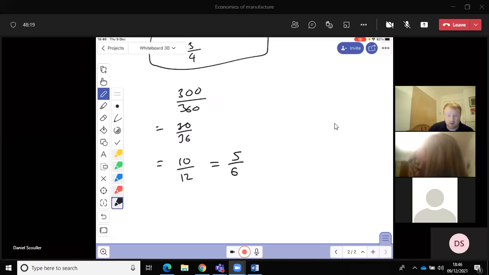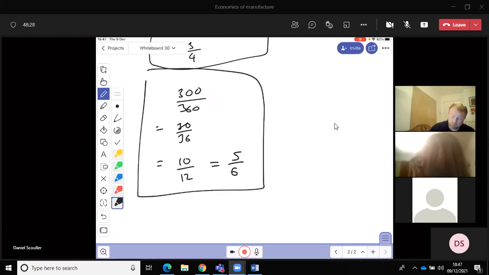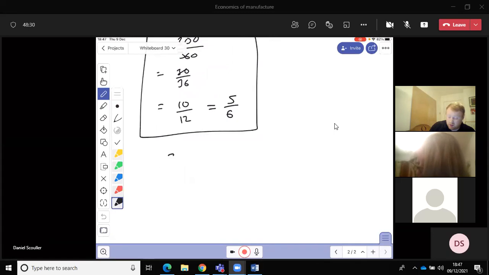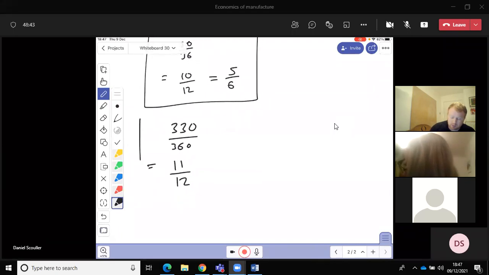That can be simplified down to 5/6. And then you've got 330 over 360, which will give you 11 over 12. As simple as that can be.